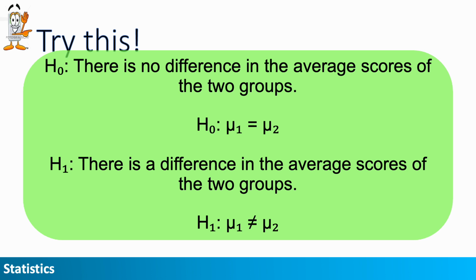That's the sentence form. The mathematical form is H sub 0, or null hypothesis, mu sub 1 is equal to mu sub 2. The alternative is, since in the problem, if we go back, we're going to test whether there is a difference in the average scores of the two groups.